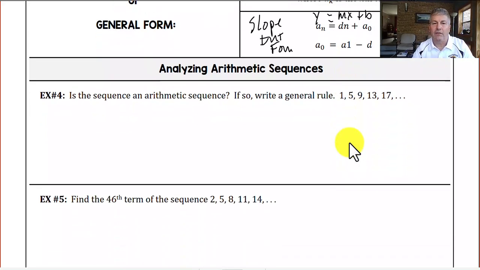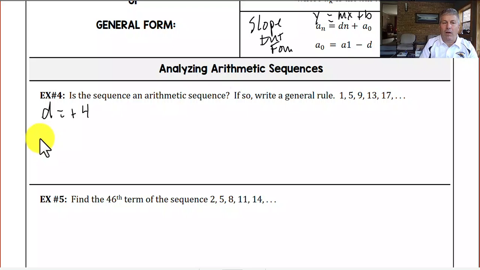So if we look at this example 4, is the sequence an arithmetic sequence? If so, write the general rule. Well, our common difference here is a positive 4, from 1 to 5, 5 to 9. So our d is positive 4. The a sub 0th term is 1 minus 4, or negative 3.